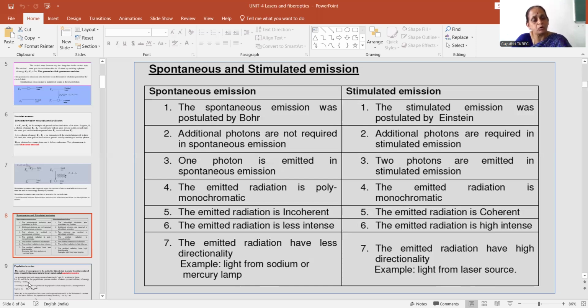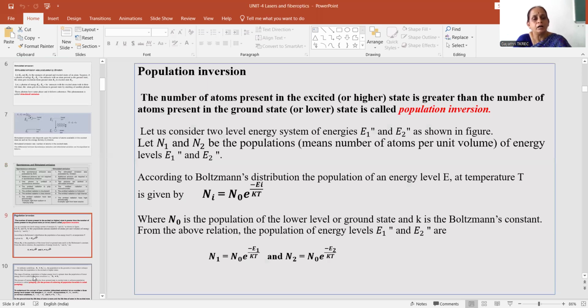Now let us see about the population inversion, which is very important to achieve the laser output. So in order to have the laser output or the lasing action, we need stimulated emission. So in order to achieve stimulated emission, we want the population inversion.